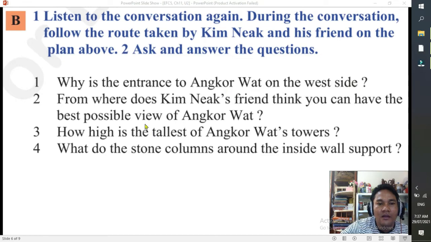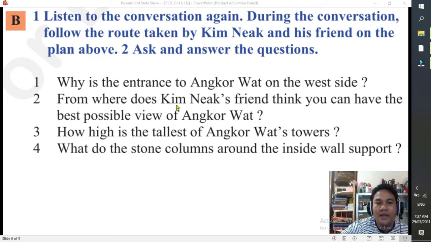As we did the true or false statement in section A, we knew that most of temples in Angkor, the main entrance are in the east side, but except only Angkor Wat, right? Angkor Wat from the west side. So you can answer this one from the conversation that you heard.